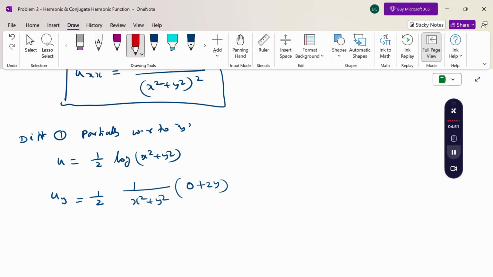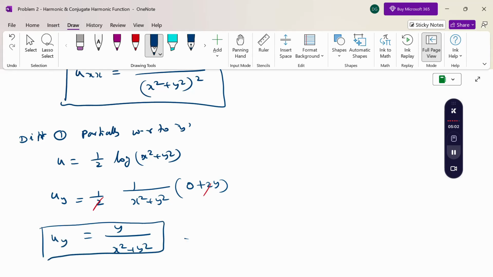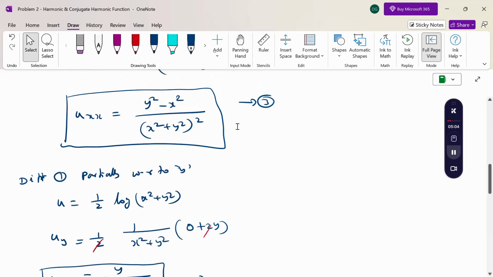Cancel this 2 and this 2, now y by x square plus y square, this is uy. Now equation number 4.